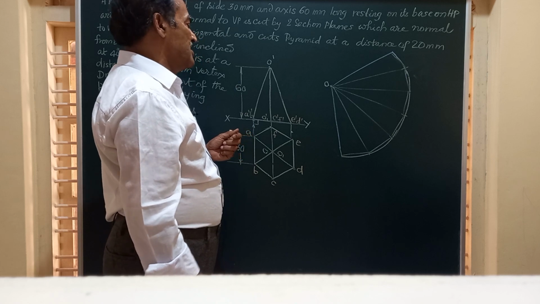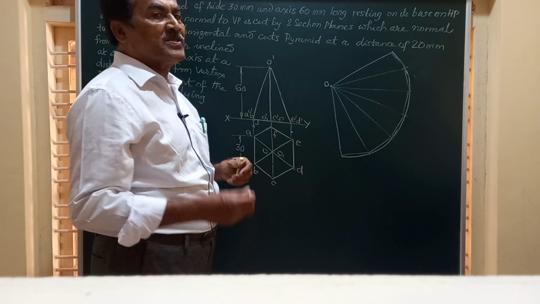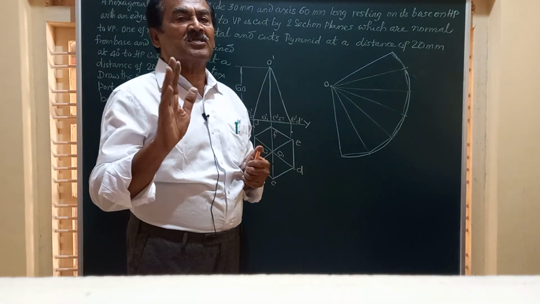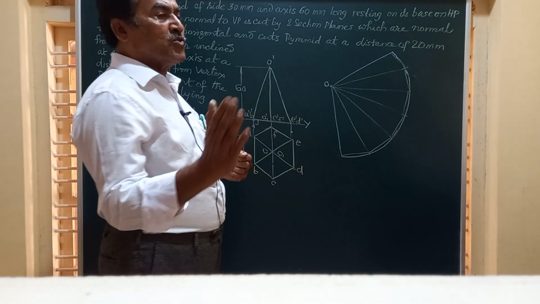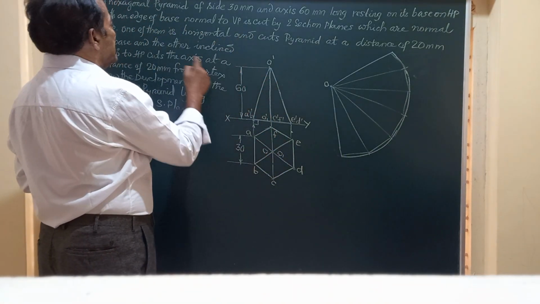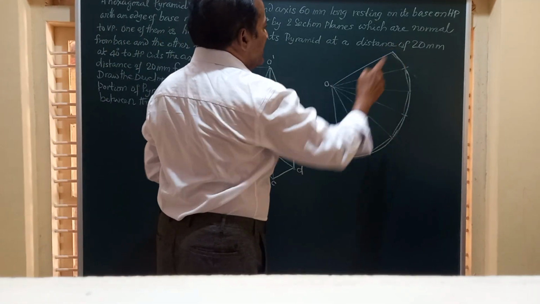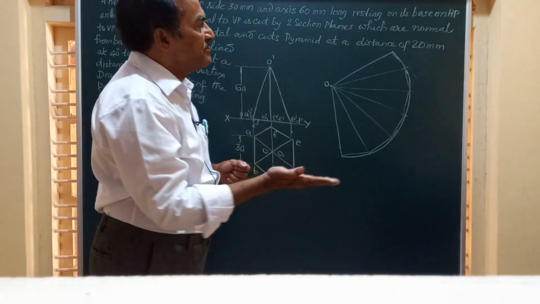Next friends, next comes drawing the development. Before that, you will have to mark the section planes. As I told you before, there are two section planes which are cutting the solid. One of them is horizontal and cuts the pyramid at a distance of 20 millimeter from the base.